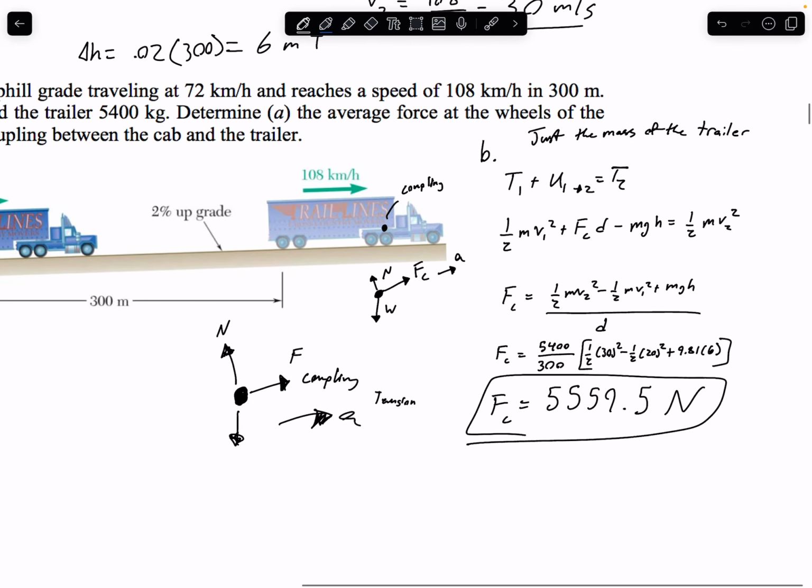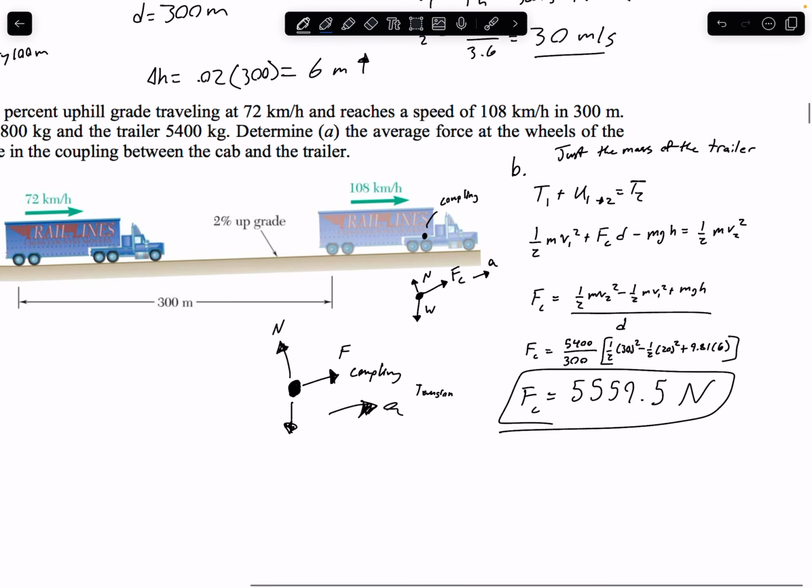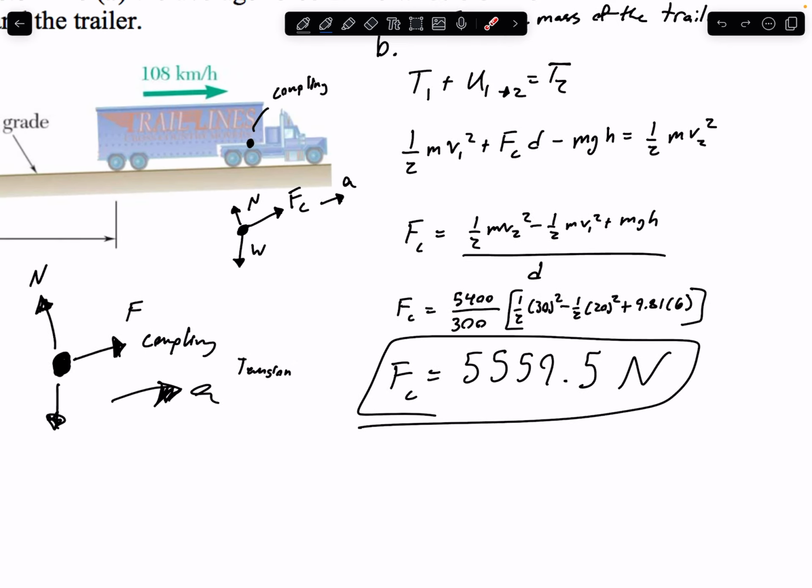And so it's just the mass of the trailer and the coupling acting on it. So we have the initial kinetic energy of the trailer and the force of the coupling over the distance. The same thing as the other problem, but the masses change. And again, we do end up doing the same algebra.